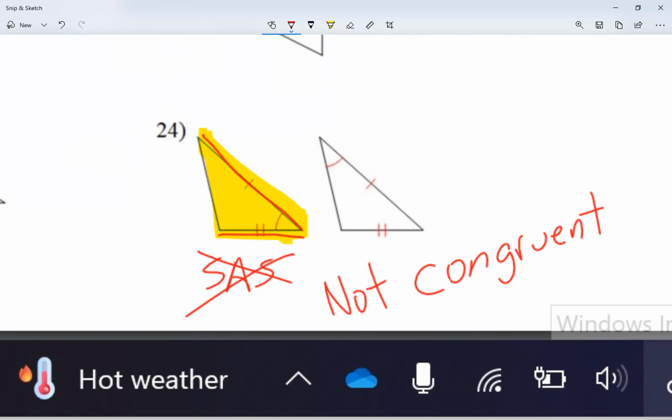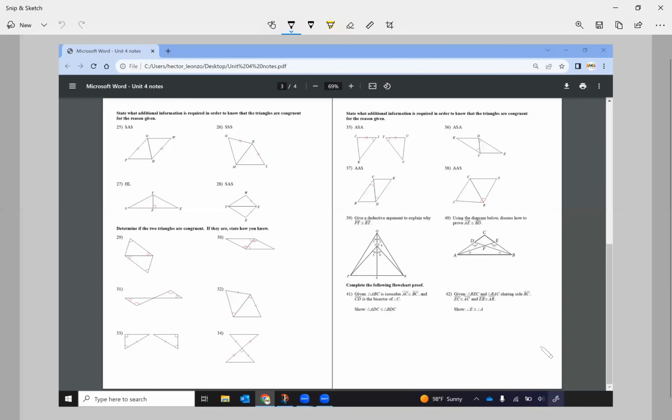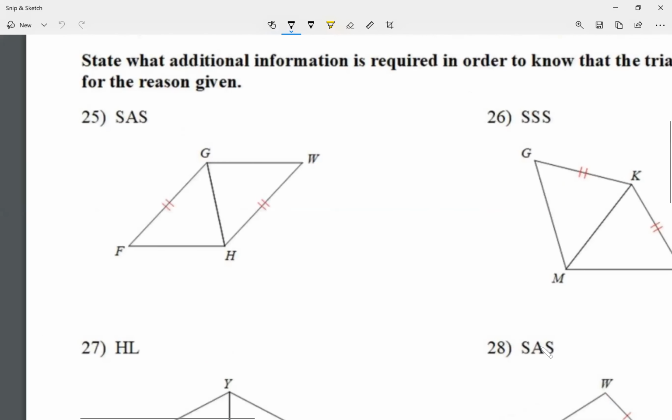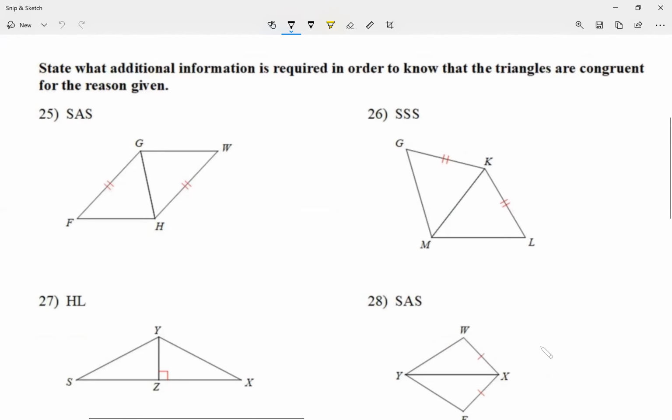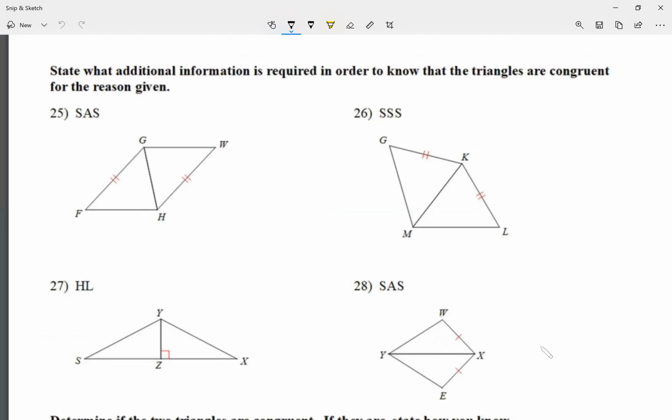Let's take a look at number 25. Let me zoom in to number 25. Now here, I have to complete a statement: state what additional information is required in order to know that the triangles are congruent for the reason given. I know I need to have 3 markings per triangle.